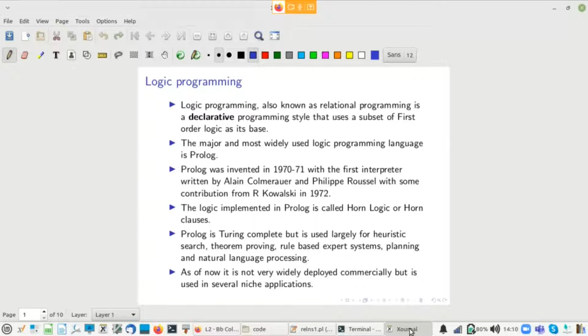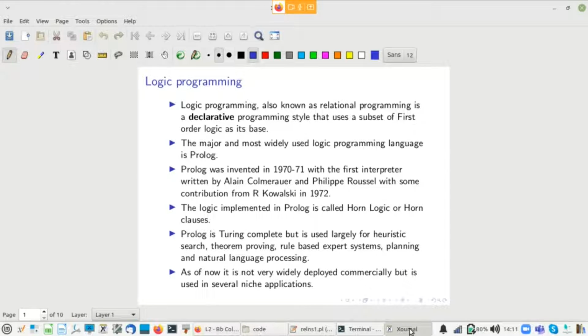Logic programming is also sometimes called relational programming, and it's a very different style of programming in the sense that it's a declarative programming approach, distinct from what you have been used to. Whether it is Python or C, all of these languages are procedural programming languages where you write a sequence of statements and functions, and each function consists of a sequence of statements.